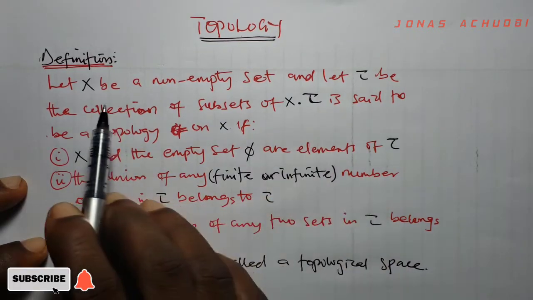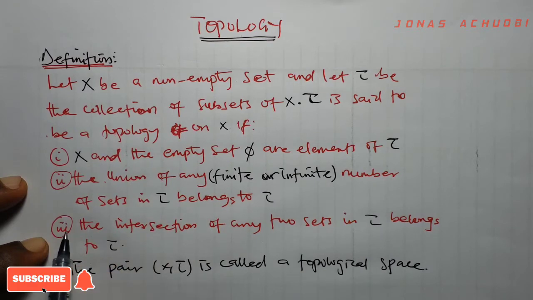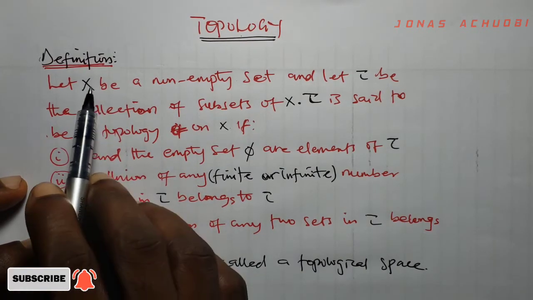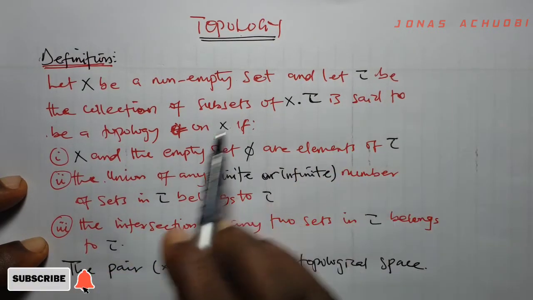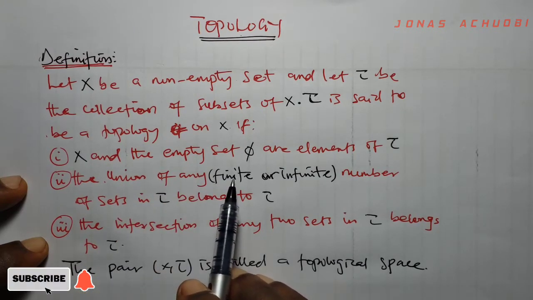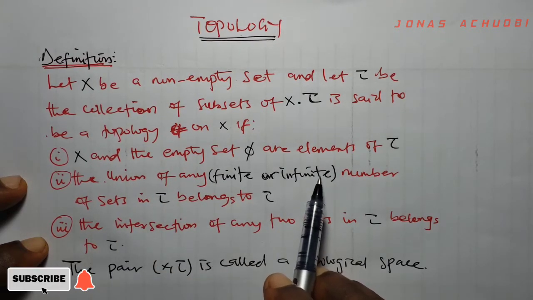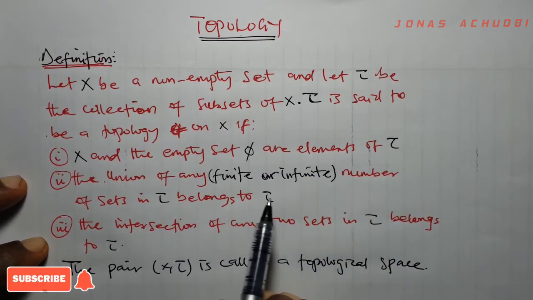Now if we have these two sets we've just defined, and these three conditions are satisfied, the first one is that the set X and the empty set must be elements of tau. Second condition is that if we pick any finite or infinite union of members of tau, the result should also be in tau.